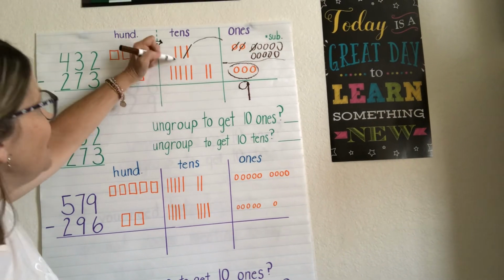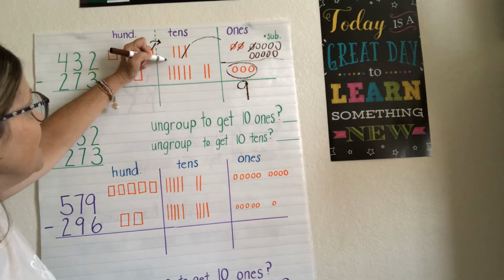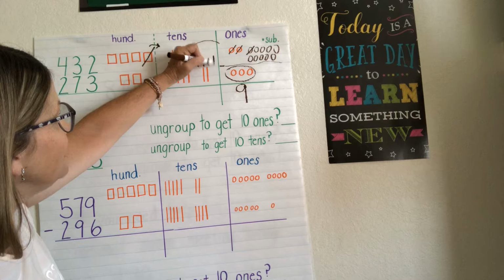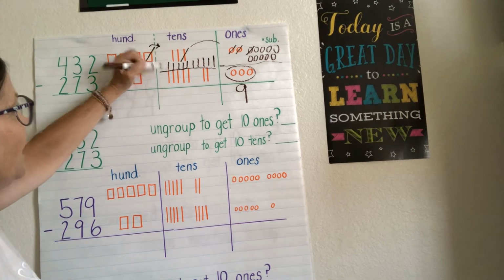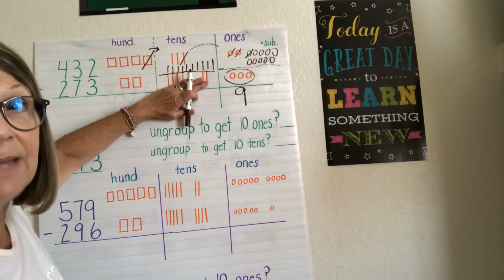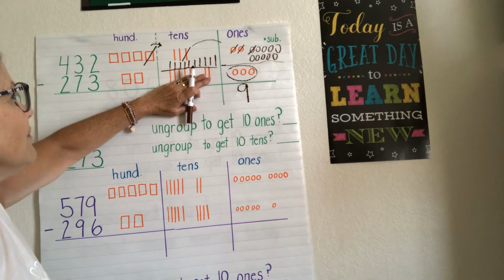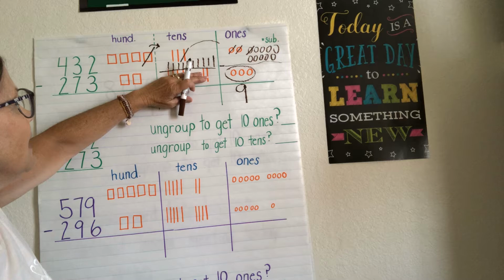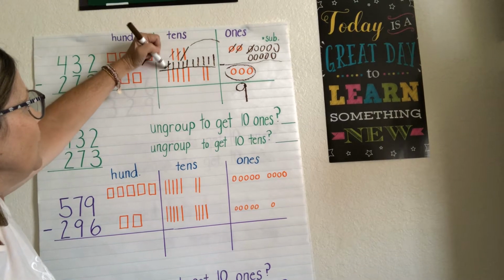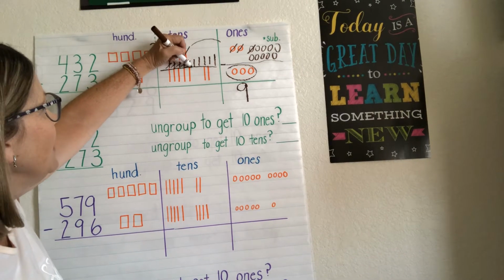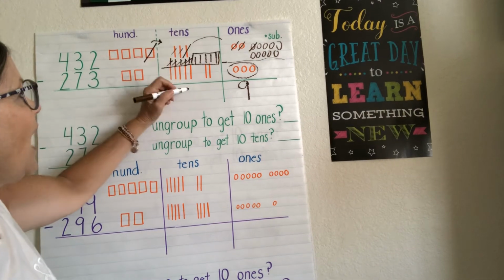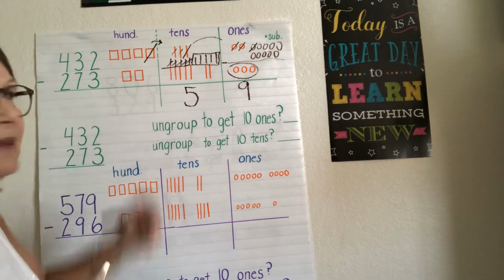That's over here. I'm going to add 10 from the hundreds. 1, 2, 3, 4, 5, 6, 7, 8, 9, 10. Okay, remember, these are the ones I'm going to take away. I have to take away 7. Okay, I'm going to cross them out. 1, 2, 3, 4, 5, 6, 7. And I see that 1, 2, 3, 4, 5 tens are left.